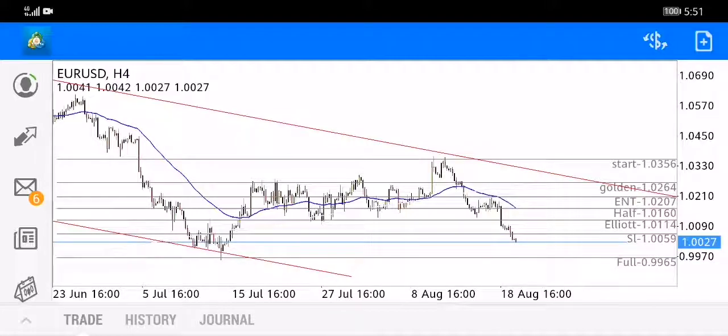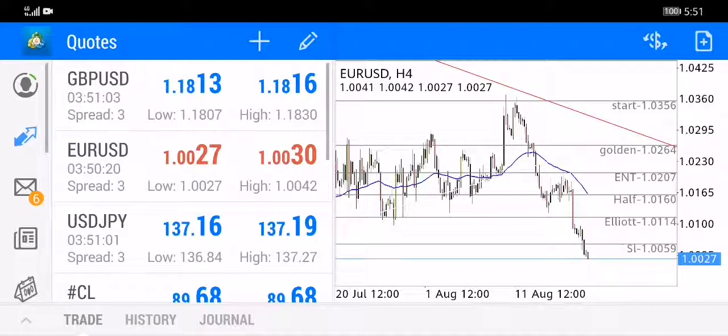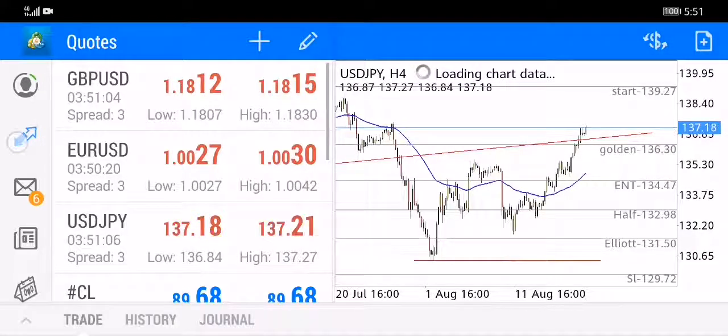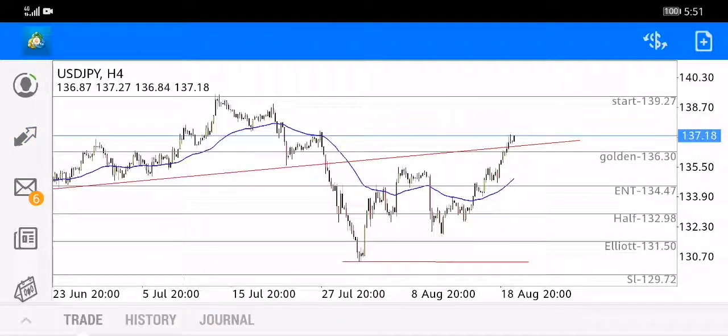Now take a look at the other currency pair, and that is USDJPY. As all of you guys noticed, the USDJPY currency pair is trading in the upside direction very strongly, and the market is making higher highs.